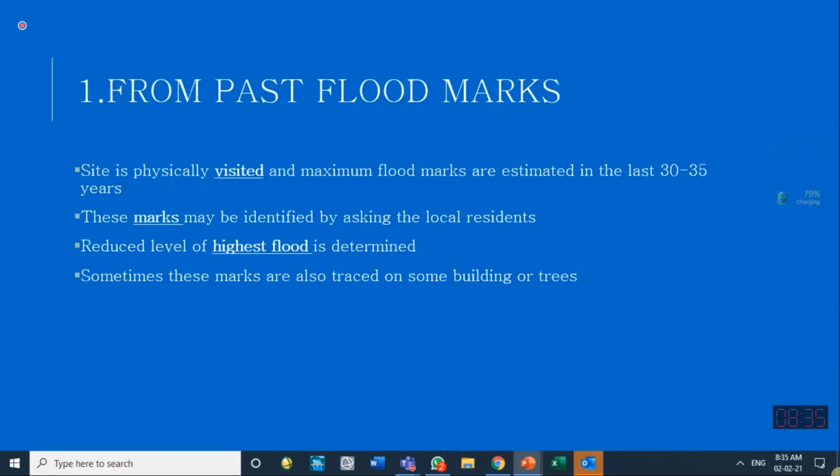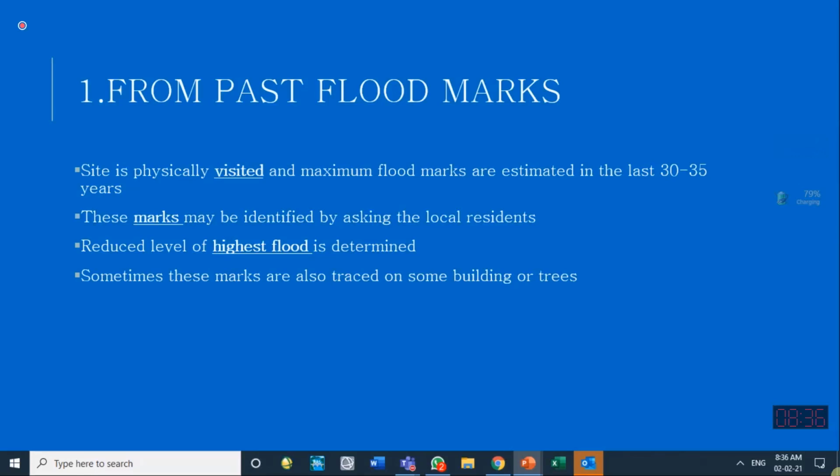And if the historical flood values are not with us, sometimes we go to the site and ask the elderly people. We ask them, within your memory, within your life history, or what you have heard from your forefathers, what was the water level in this area?